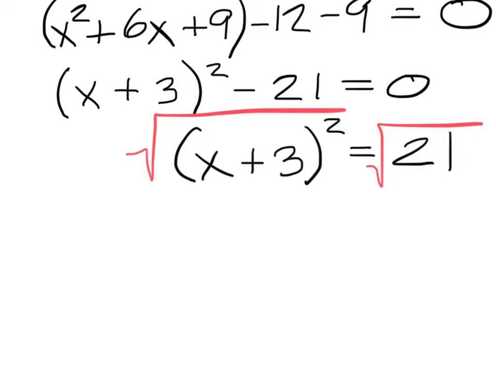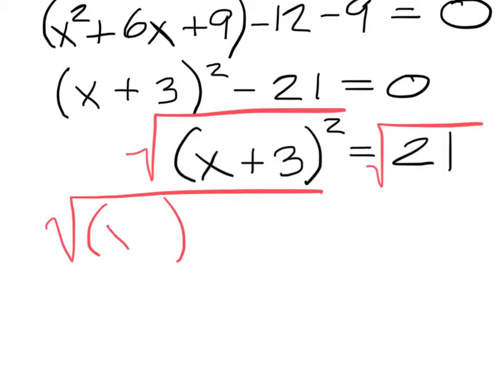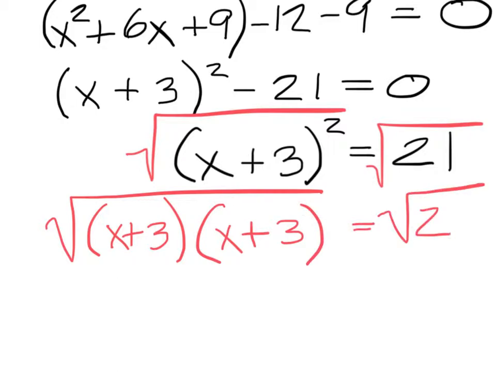We will break this down for you. Under the square root sign, I have the quantity squared of x plus 3, which is the same thing as x plus 3 times x plus 3. In other words, these two items multiplied together will give me this item here.